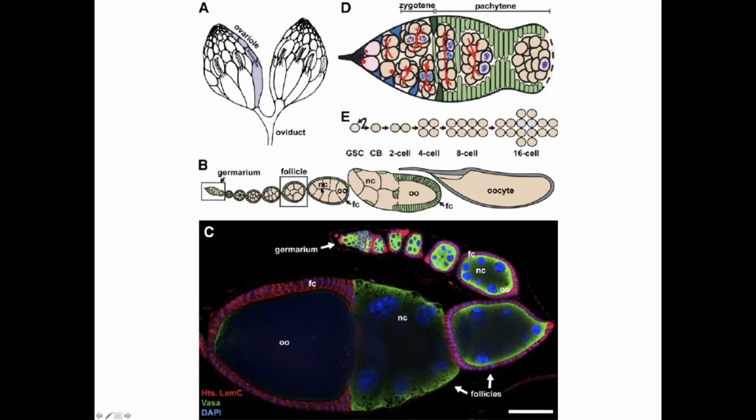So essentially what the nurse cells are doing is very active translation. They are very highly translating cells that are going to be generating all the RNA and the protein and the nutrients that are going to be laid into the oocyte. So all the product that is laid into the oocyte is coming from the nurse cells.